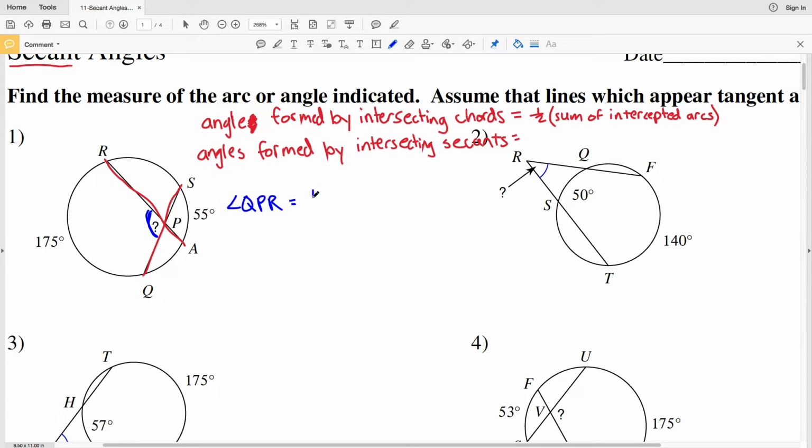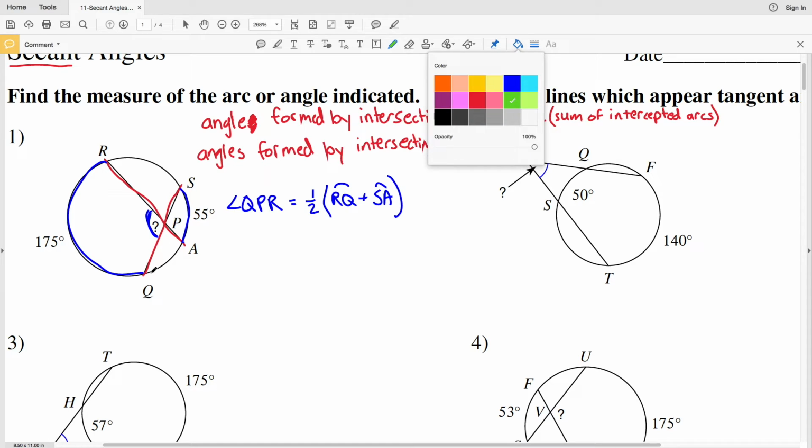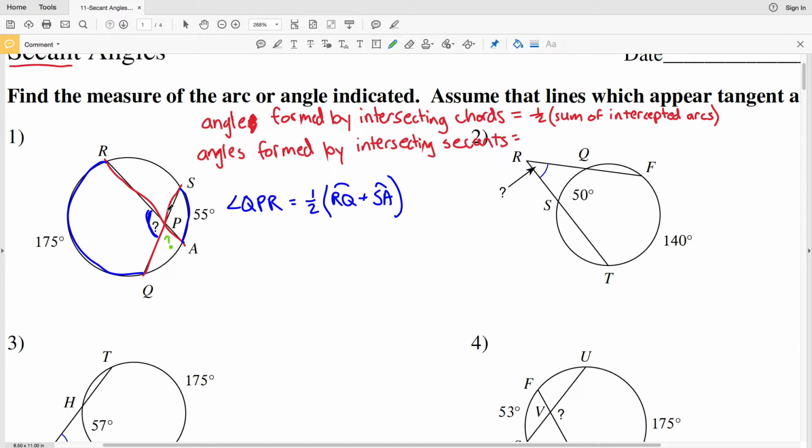So angle QPR is formed by those two intersecting chords, so it's going to equal half of the sum of the intercepted arcs. So RQ is one of those intercepted arcs, and SA is one of those intercepted arcs. Now note, if we were looking for angle QPA, then the intercepted arcs we would use would be QA and RS.